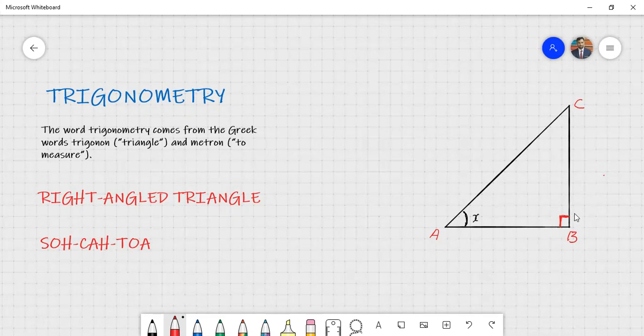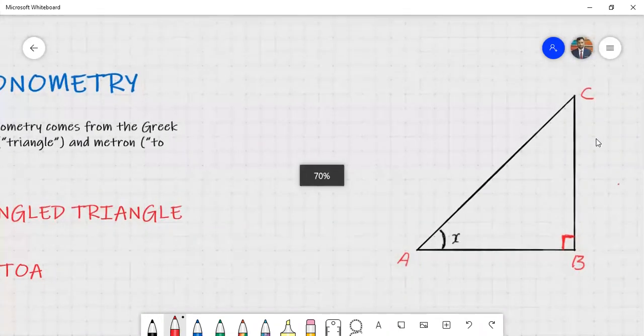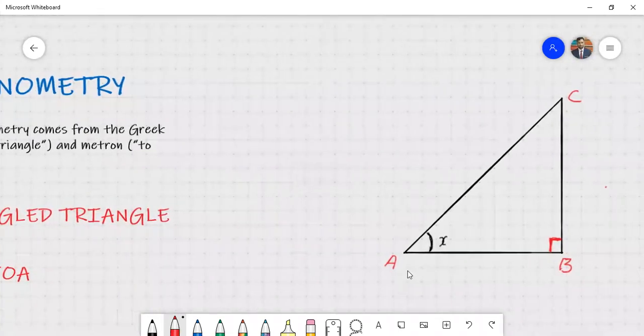Now if you look at this angle ACB, this is an angle of the triangle, known as ACB. The middle letter is the letter in the middle of the two others. Let's suppose we are expressing this angle, so we write angle ACB.